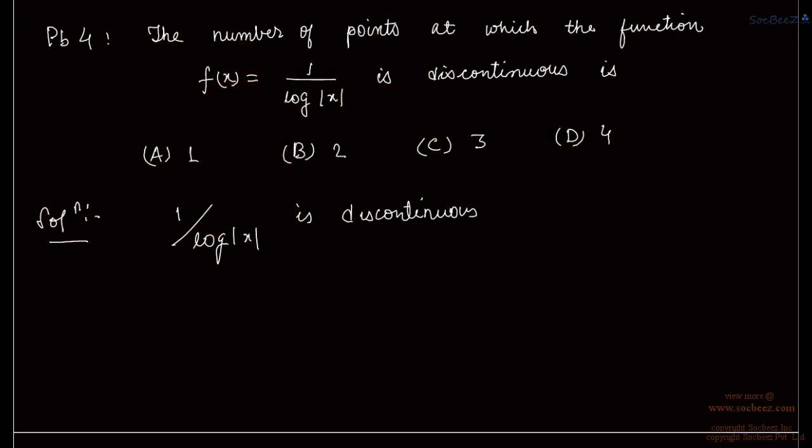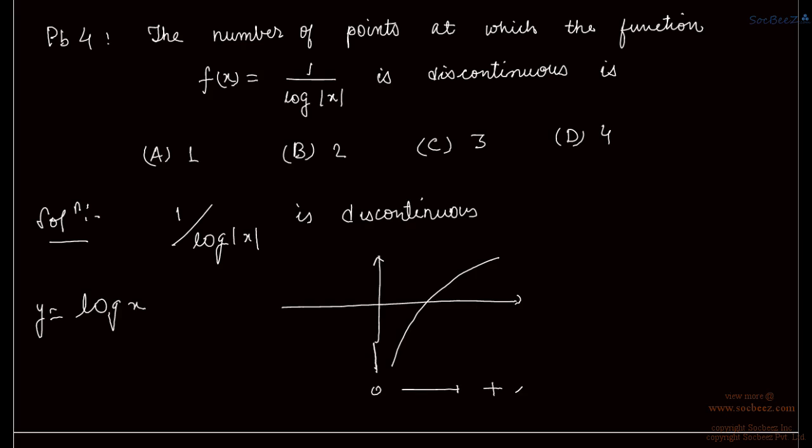Let us see first the behavior of function y is equal to log x. The function y is equal to log x is something like this. The domain is from 0 to plus infinity and the range is from minus infinity to plus infinity.